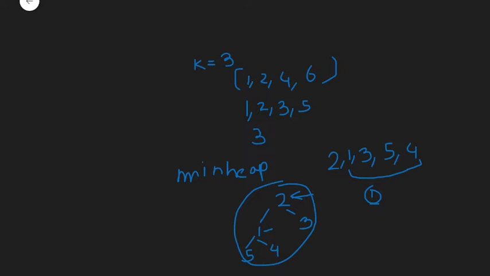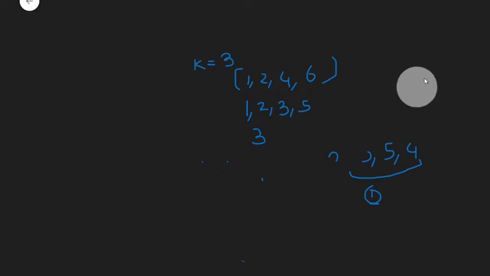So what we'll be doing is that we'll have a min heap, okay, and let's say that we'll be having pointers.